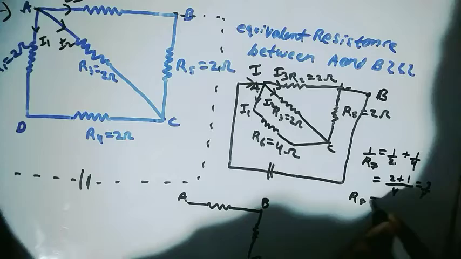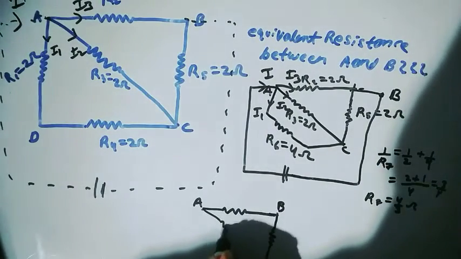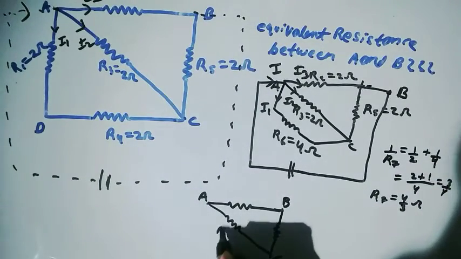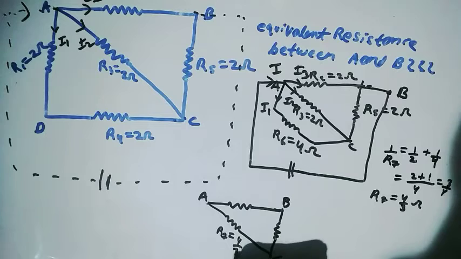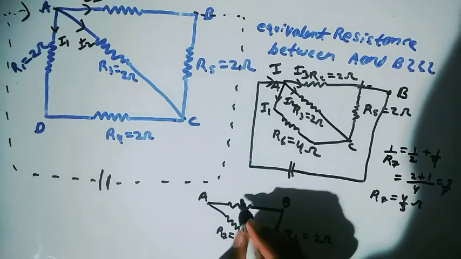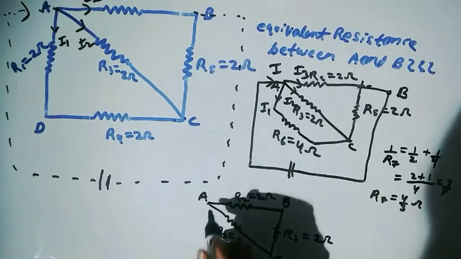So R7 equals 4 by 3 ohm. So this R7 is 4 by 3 ohm, and this is R5, which is 2 ohm, and this is R2, which is also 2 ohm.